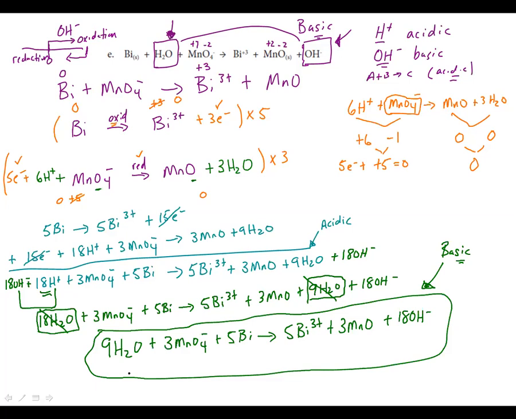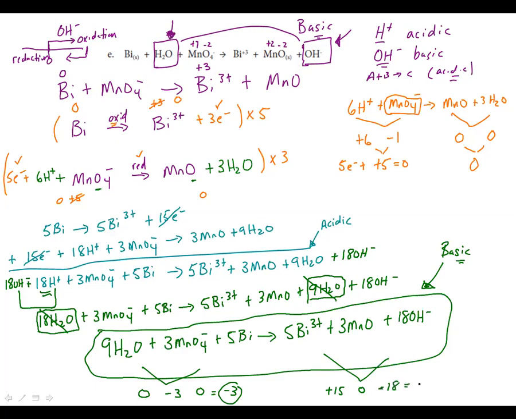Overall charge, when we look at the overall charge on the left, that's 0 for the water, that's -3 for the MnO4 minus, that's 0 for the Bi. That gives you a grand total of -3. On the right-hand side, that is +15 for the Bi3 plus, 0 for the MnO2, and -18 for the OH minuses.